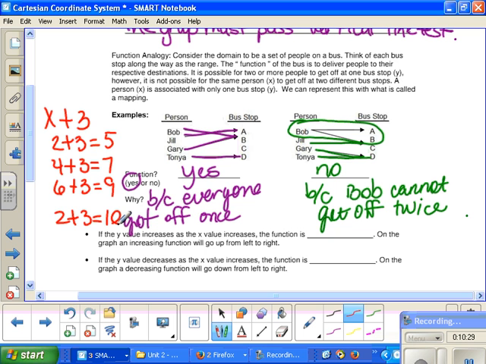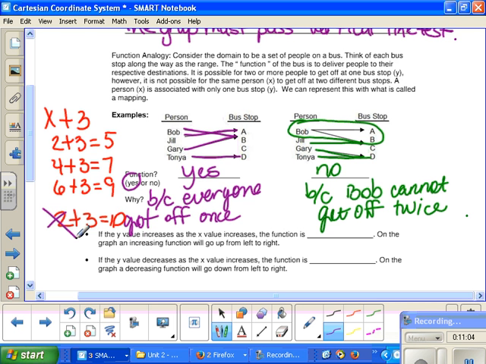No. That's the problem. Up to right here, this is a function. These are my x's, these are my y's. 2, 5, 4, 7, 6, 9, everything's good. When I add this in, which is not a true statement, it's not a function anymore. Because 2 cannot go to 5 and to 10. That does not make sense. That's the difference in a relation. I can list them, but it doesn't make sense. If it makes sense, it's a function.